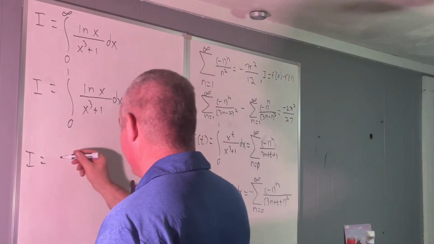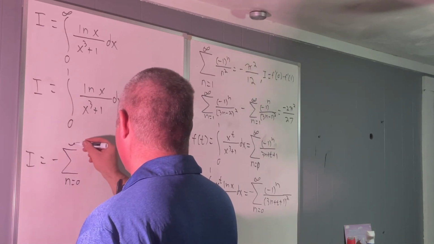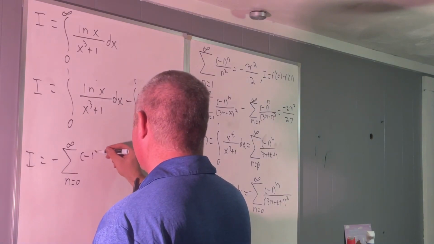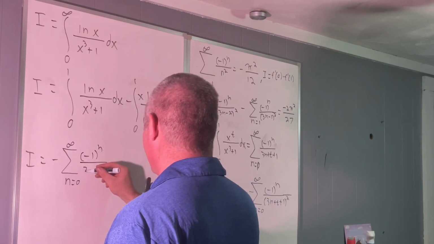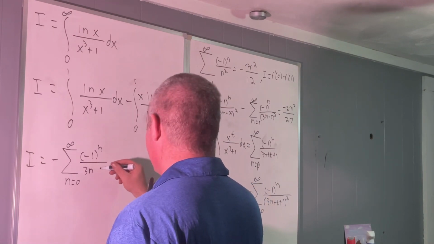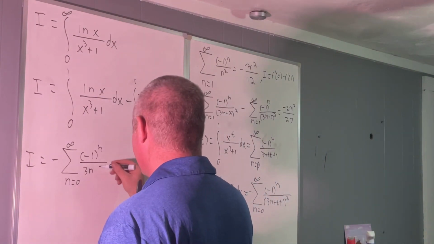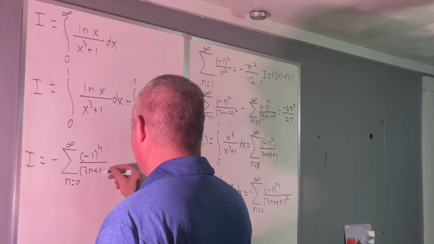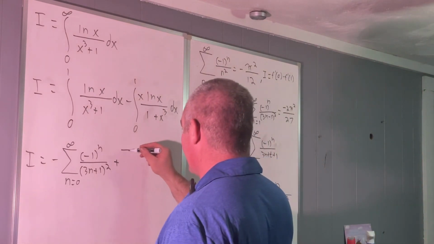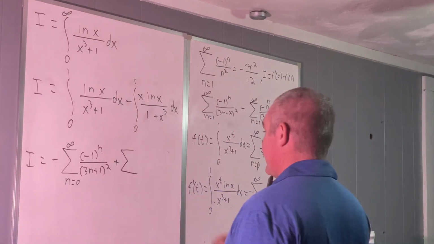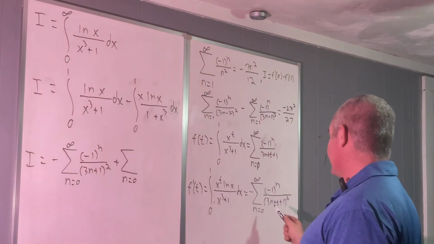So we'd get negative the sum going from n equals 0 to infinity of negative 1 to the n over 3n plus 0 plus 1, 3n plus 1, all squared, plus the sum as n goes from 0, it's a plus because we have a minus times a minus.